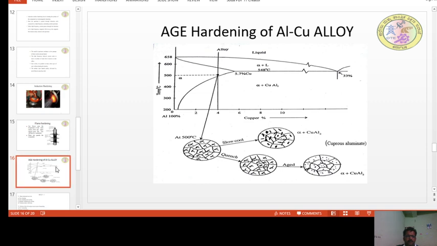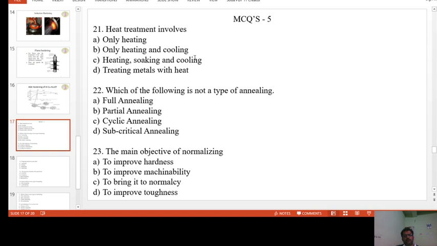And then with this we will move on to some of the multiple-choice questions. The first one is, heat treatment involves only heating, cooling, heating, soaking, cooling, or treating metals with heat.